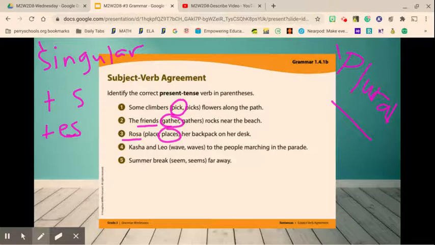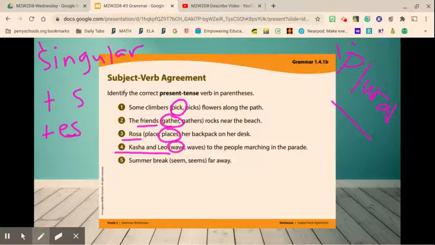Number 4, Keisha and Leo. That's the subject. That's who it's about. And it is 2 people, so that means it is plural. And I don't add anything to a plural verb. So I'm going to say Keisha and Leo wave to the people marching in the parade.